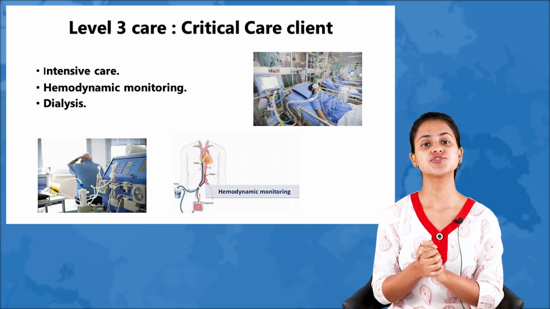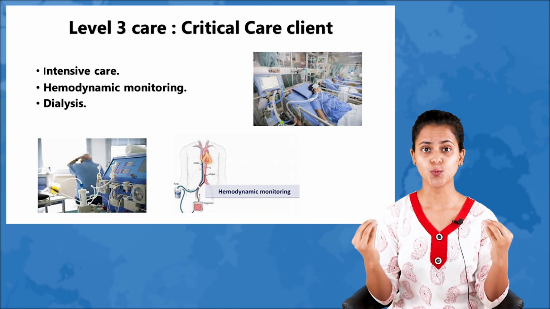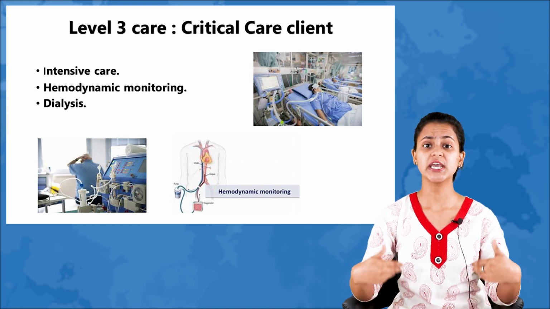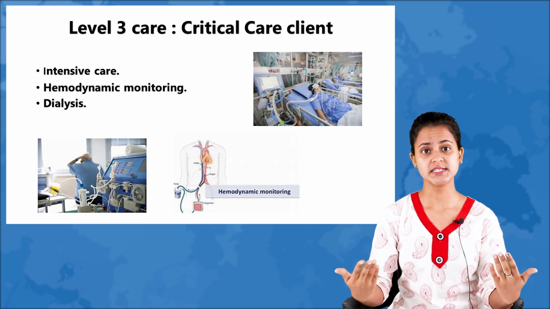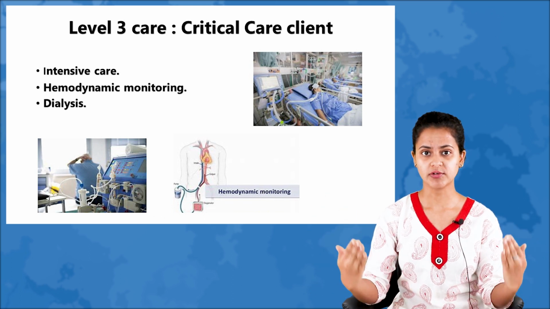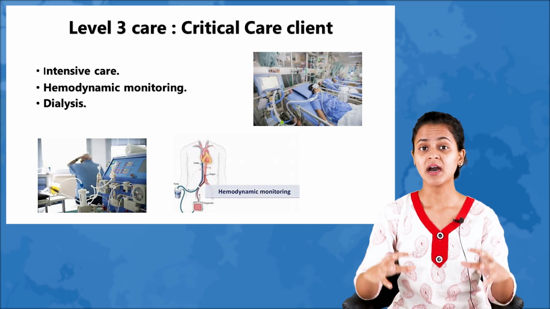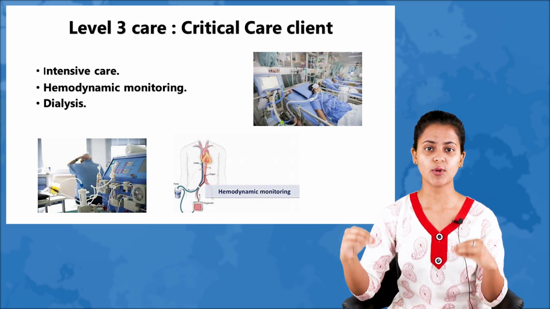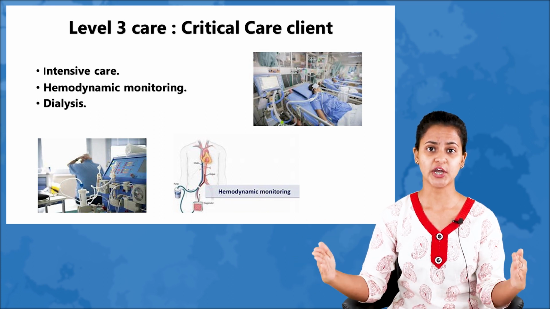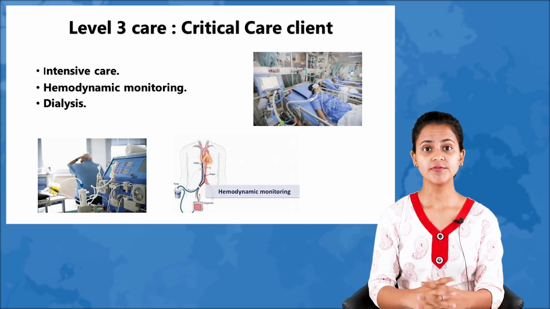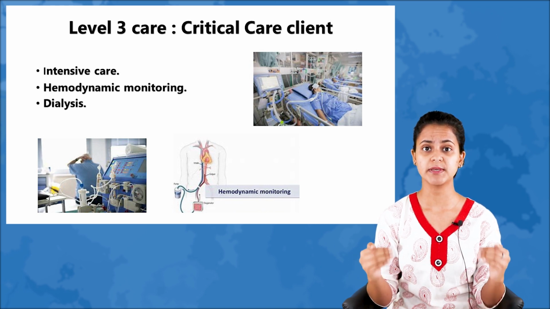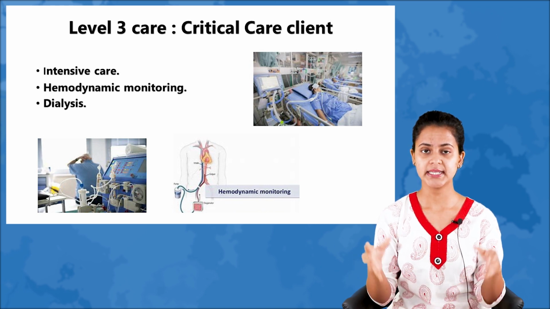Here, the nurse patient ratio will almost always be 1:1 because the patient will be present with a very severely progressed disease condition. That is the reason a specialized nurse is required specifically for each and every client to take care of their needs. Often the physicians will also be present, or a resident doctor will almost always be available in a level 3 critical care unit.